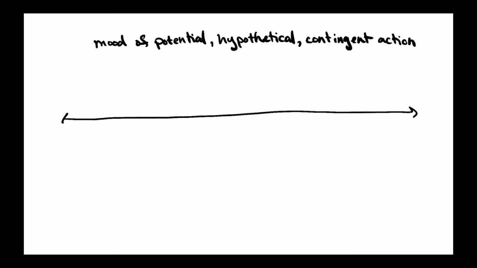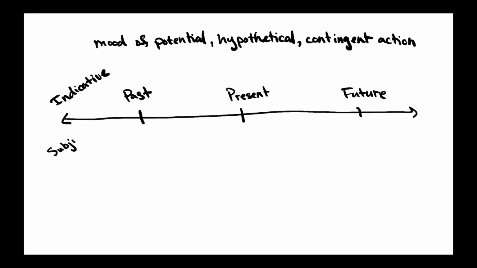Here's a timeline, and we'll put the present tense here, and the future here, and the past here. And we'll say that the top part of this timeline, that's the indicative, and the bottom part we'll call the subjunctive.